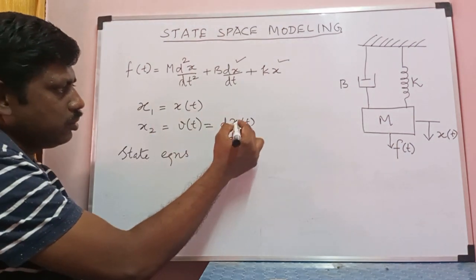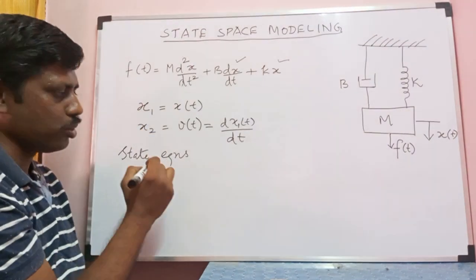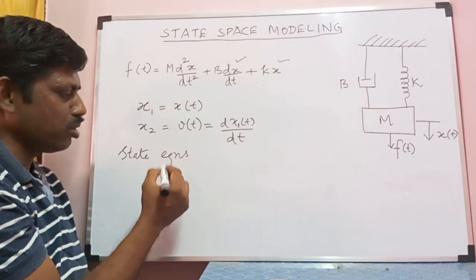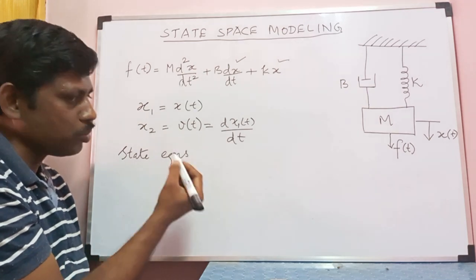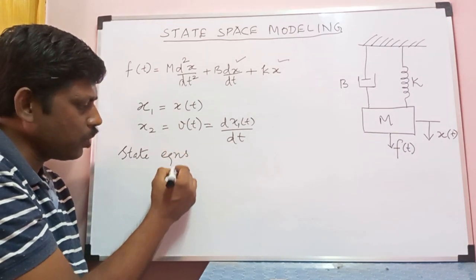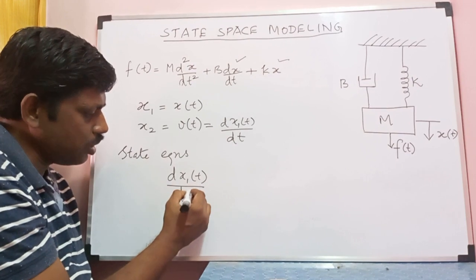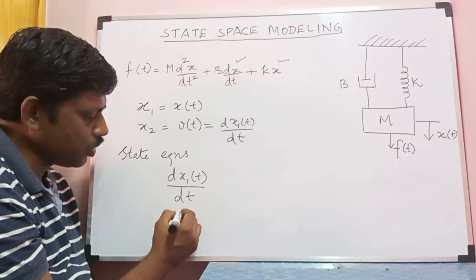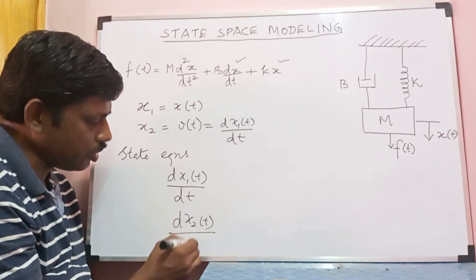Obviously x1 and x2. So what are the terms that describe how these state variables vary with respect to time? dx1 of t by dt, and the other state variable is dx2 of t by dt.